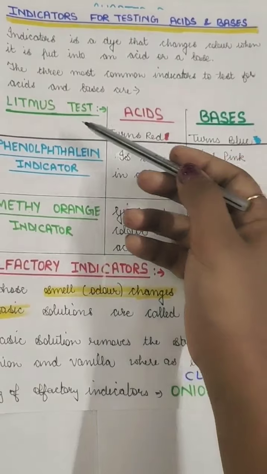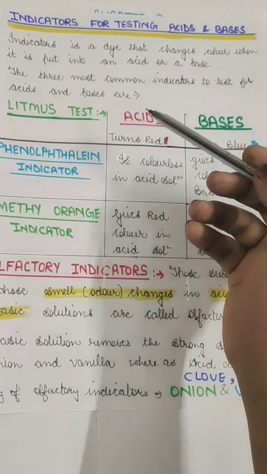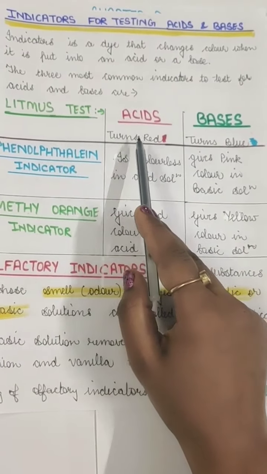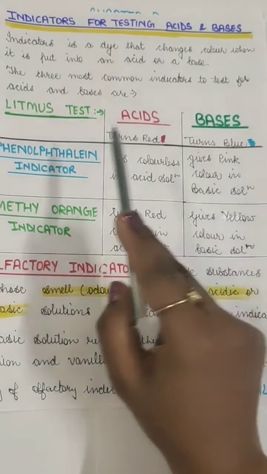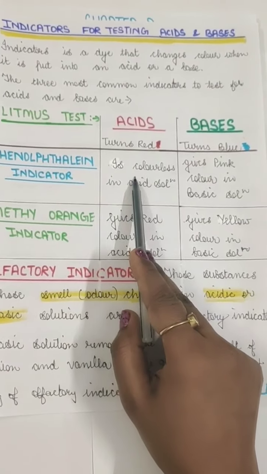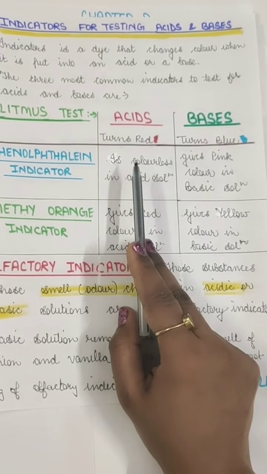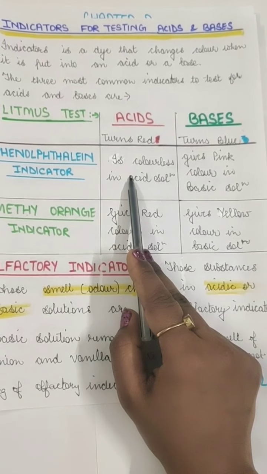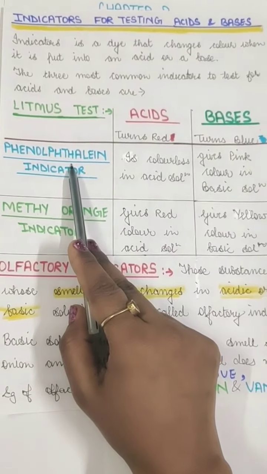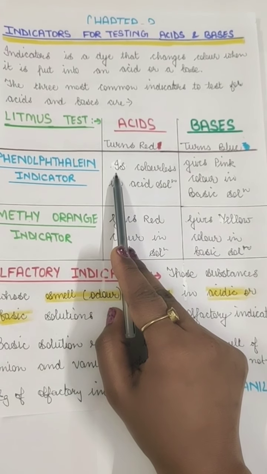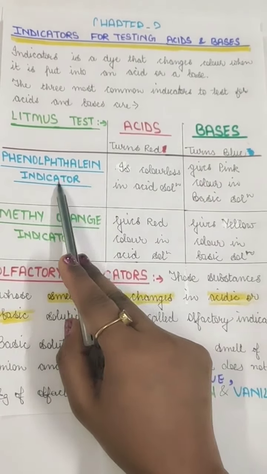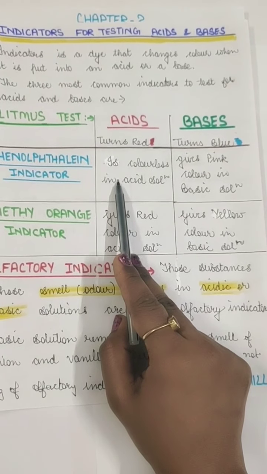So when these are mixed with acid, what happens? Litmus will always turn acid red and bases blue. This is a thing which you have to remember: phenolphthalein will keep acid colorless. Phenolphthalein is already colorless in nature, but when mixed with acid, it will not show any change. It is colorless and the acid will also be colorless.